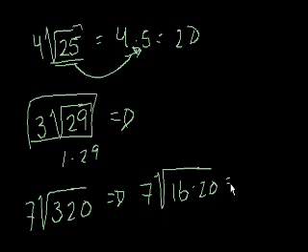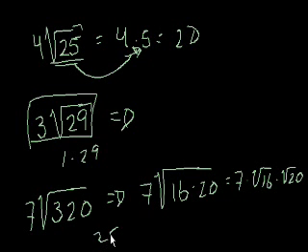Well, that just equals 7 times the square root of 16 times the square root of 20. The square root of 16 is 4, so 7 times 4 is 28. So that's 28 times the square root of 20. Now are we done?